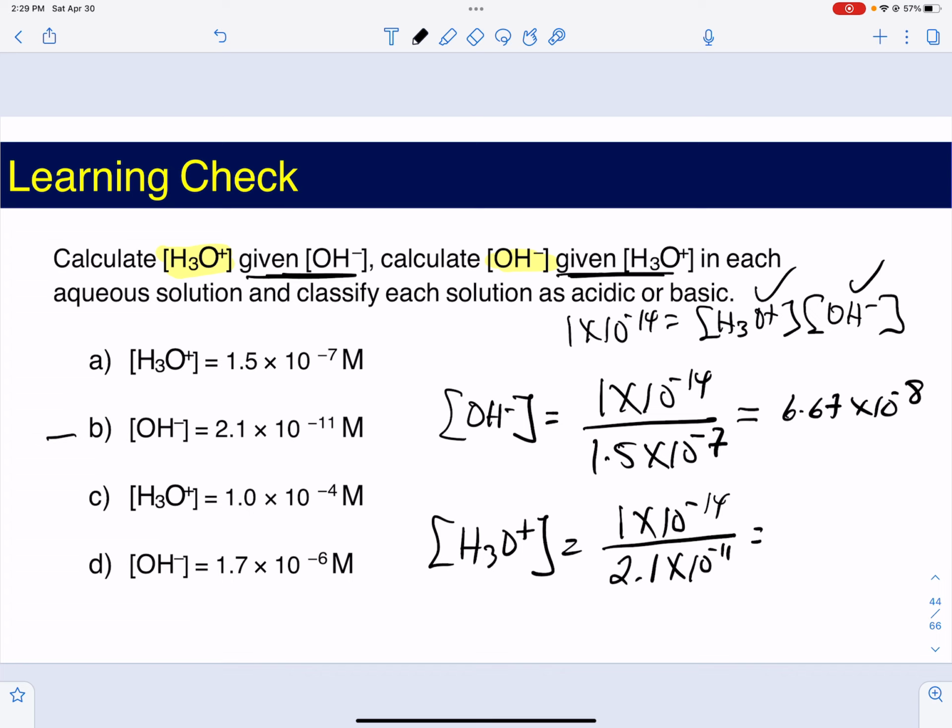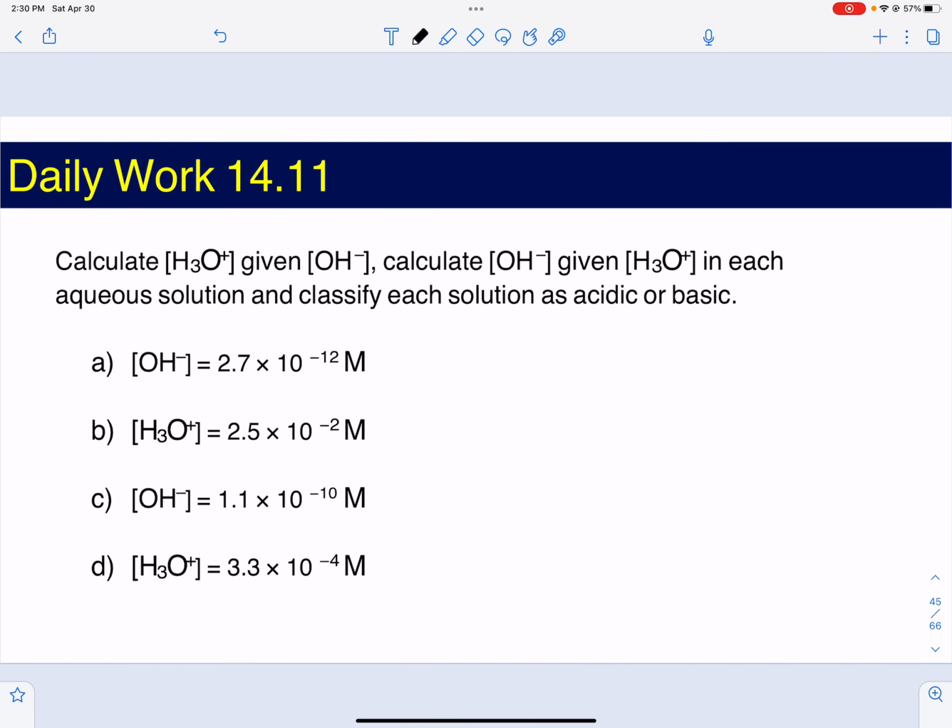That should be 4.76 times 10 to the minus 4. And I think with those two, you should be able to see how it's done, right? Depending on which one you're given, you're looking for the other one. And it's always Kw over the value given. So with that said, you should be able to do that.